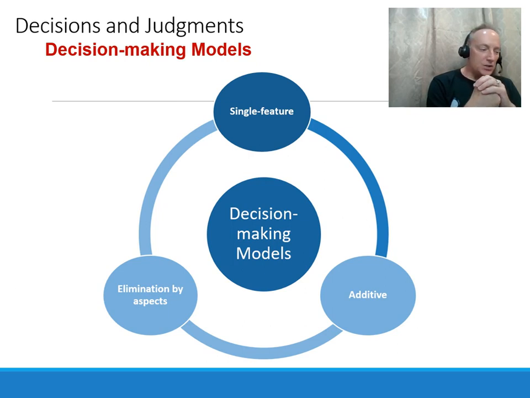An elimination by aspects model means that you're evaluating all those apartment choices, comparing them to, again, your wish list of all of those features that you want, and you start eliminating those that don't have the kinds of things you're looking for until you're left with just one, which would be your best alternative.